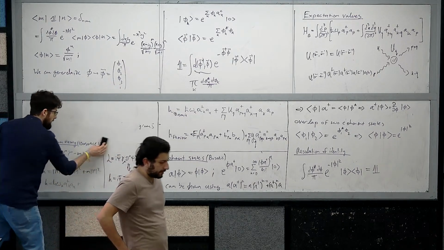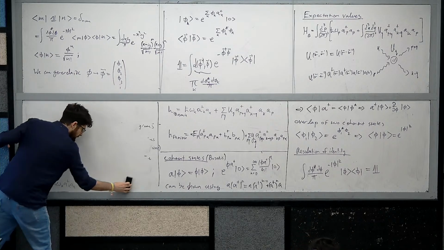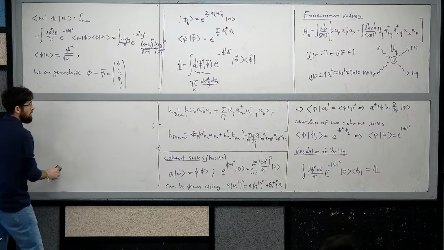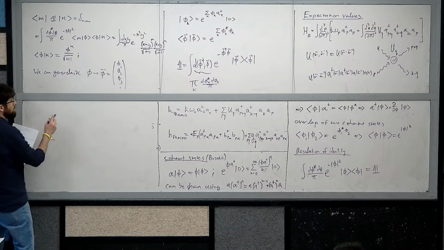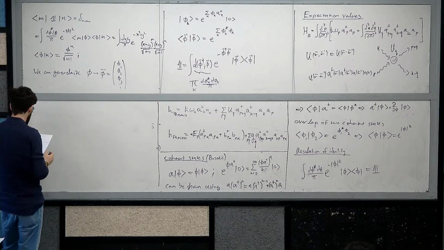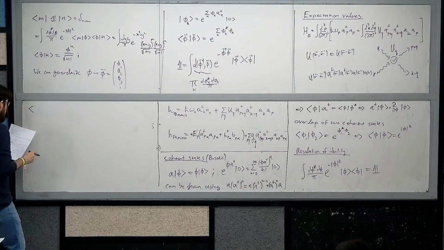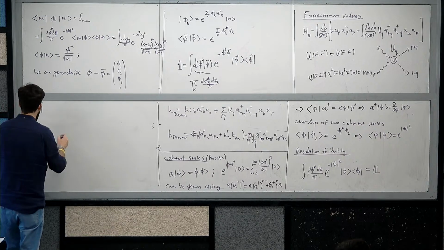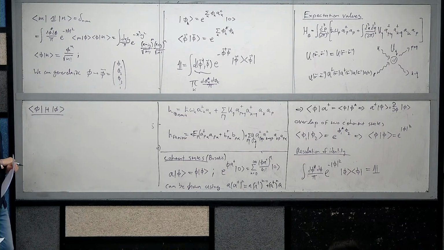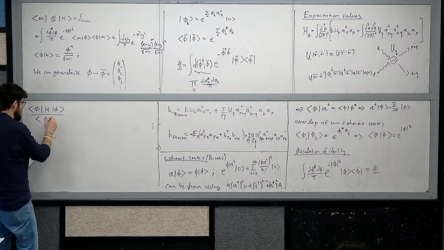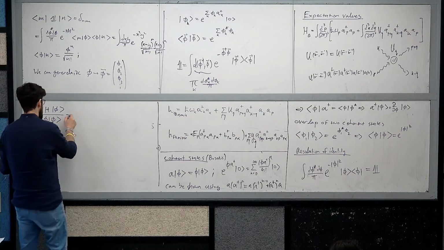So now, how do I take an expectation value like this? The beauty of it is that because it's normal ordered, I can look at something like phi H phi, but remember that phi has a weight to itself, which we don't want, so we divide by phi, and this gives us our Hamiltonian.